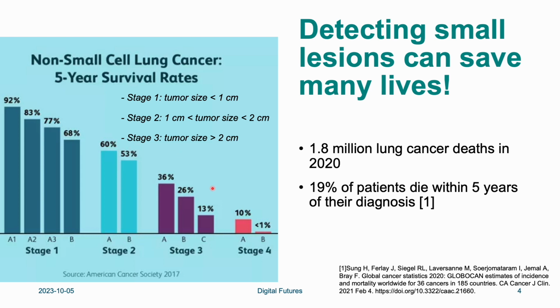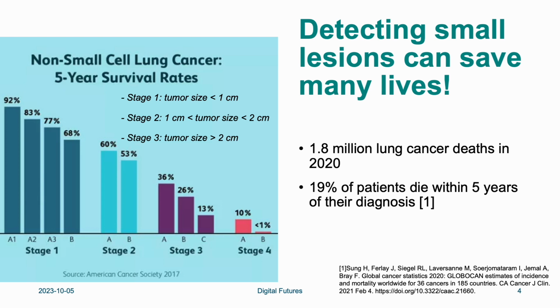Whereas when the tumor size exceeds 2 centimeters at the moment of discovery, the same survival rate drops to 10% or less. So there are many lives to save if we are able to image lung lesions at a very, very early stage.